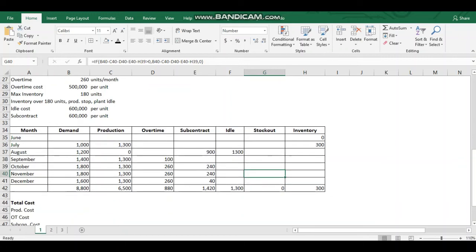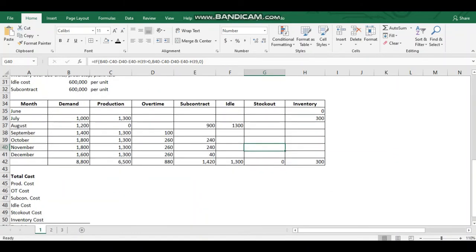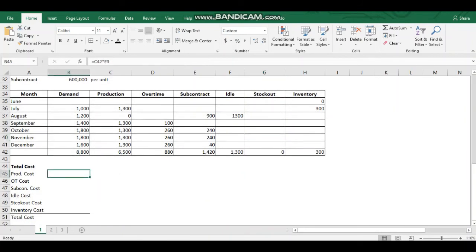We have the total of each column, and now we could count the total cost. So basically here we have the production cost, and then overtime cost, subcontracting cost, idle cost, and fortunately we don't have any stock out cost, and then inventory cost.